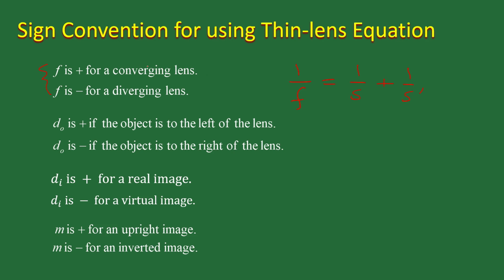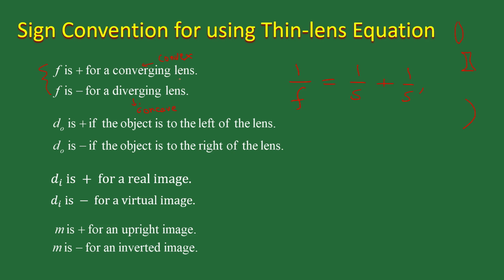A converging lens is the convex lens. This convex lens converges the light rays, and diverging is this kind of concave lens. So this is the concave lens, which is the diverging lens. In case of mirror, this kind of mirror is the converging mirror.